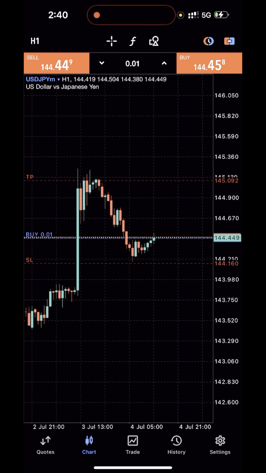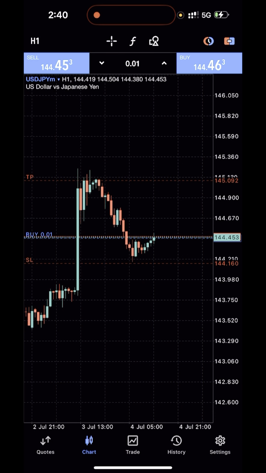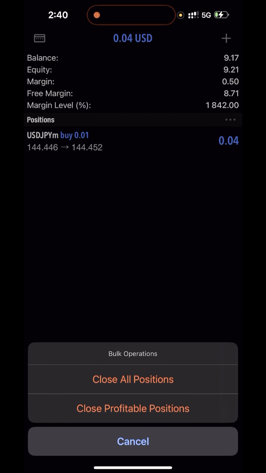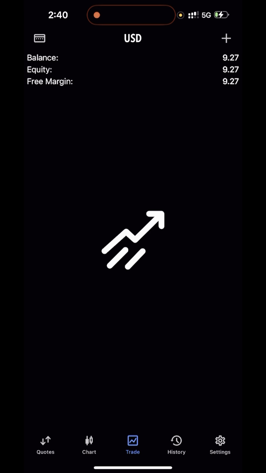So okay, let's continue. I'm currently in profit of 4 cents, but I didn't plan this trade. When we go further, you will learn. So I'll just close all positions. I just made 10 cents now. But you don't just enter a trade like that, you have to do your analysis before you enter the trade.